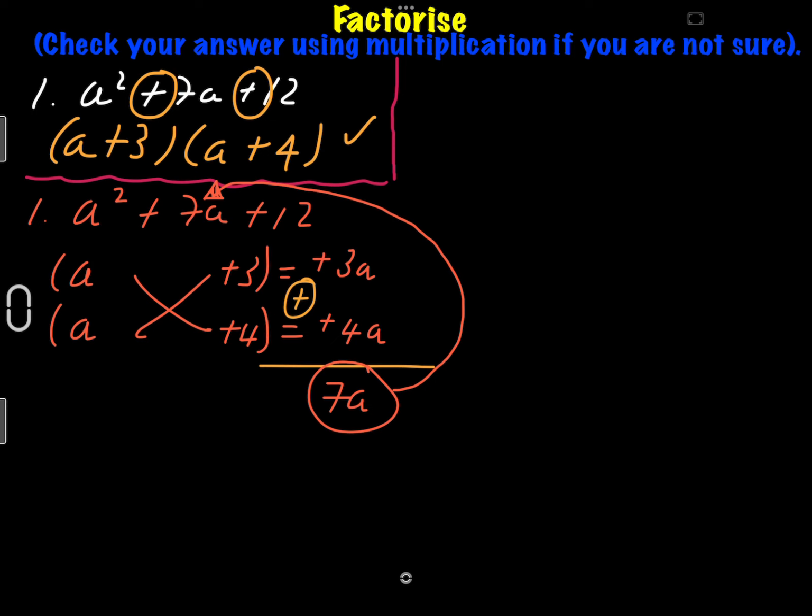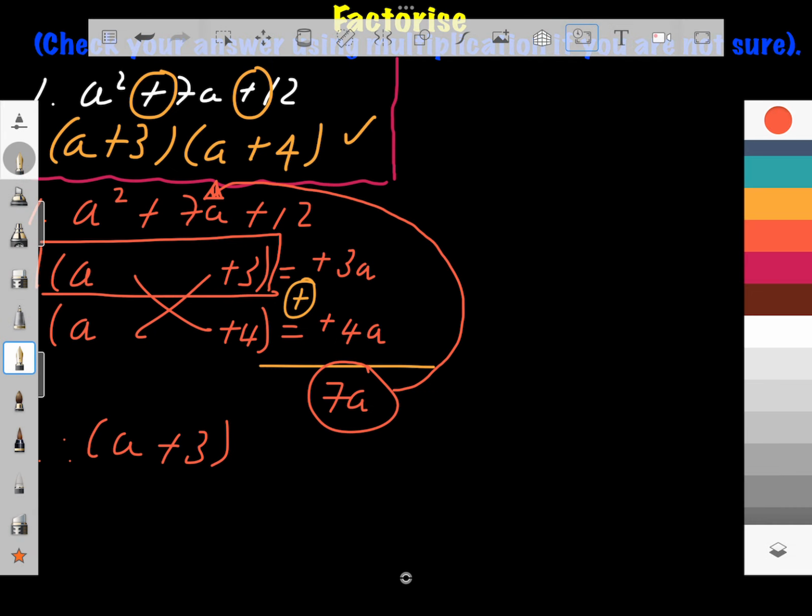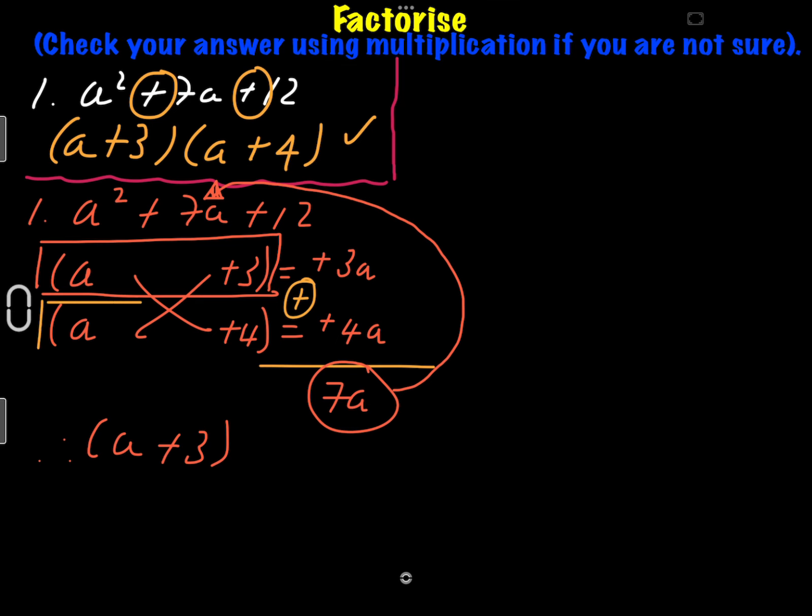So by factorizing that, we have a plus 3 in our first parenthesis, and then we have a plus 4 in our second parenthesis in our yellow box or rectangle.